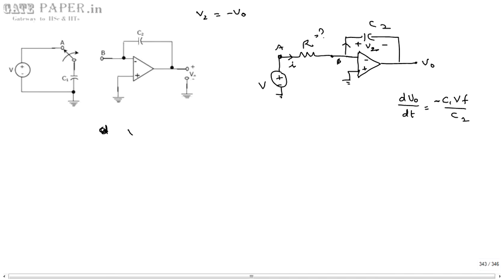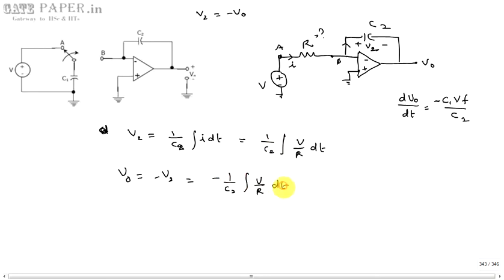So V2 can be written as 1 by C2 integral of I into dt. Now I is the current flowing through the capacitor C2, which is the same current flowing through this resistor. So this is 1 by C2 integral of V by R into dt. But we know that V0 is equal to minus V2, so I am writing it with a minus, so that it becomes minus 1 by C2 integral of V by R into dt.